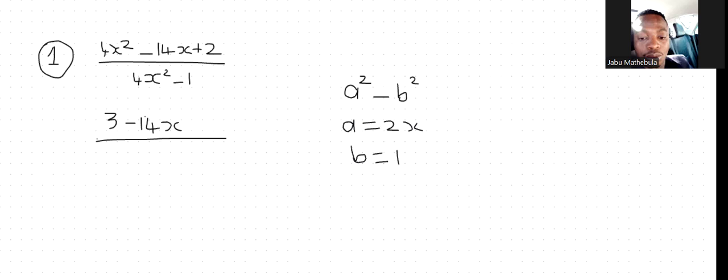Let's say 2x, which is our A. We square that, minus our B, which is 1. And then we square that as well. What are we going to have? We're going to have 4x squared minus 1.